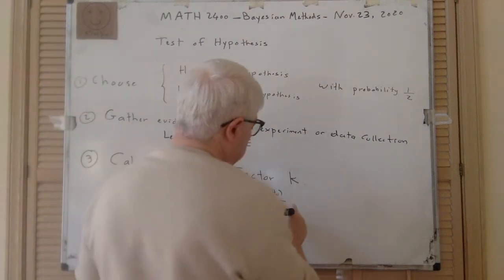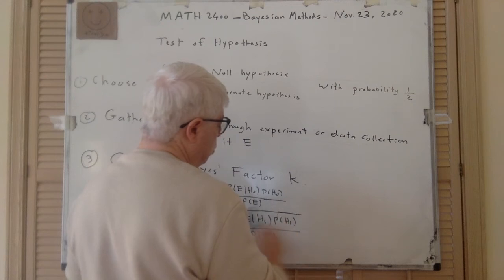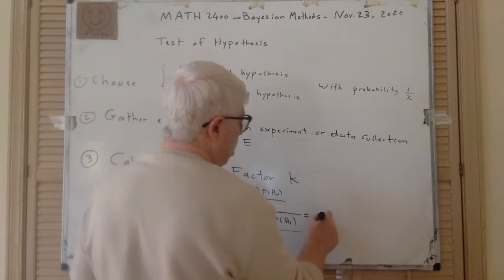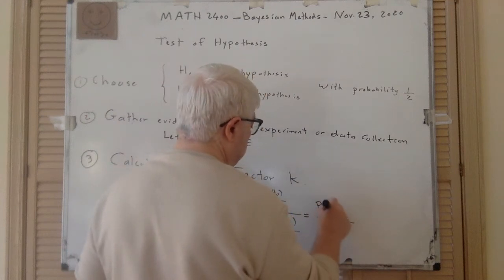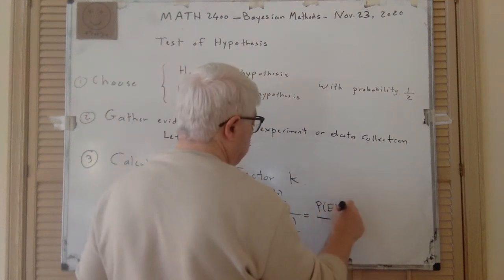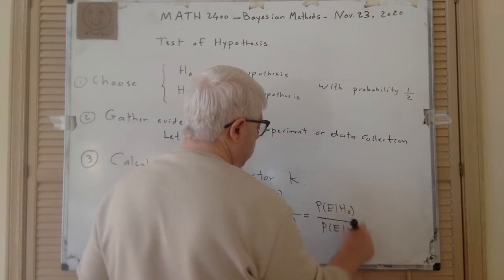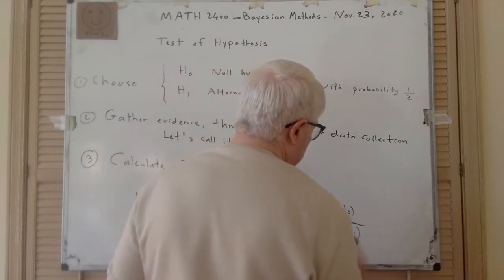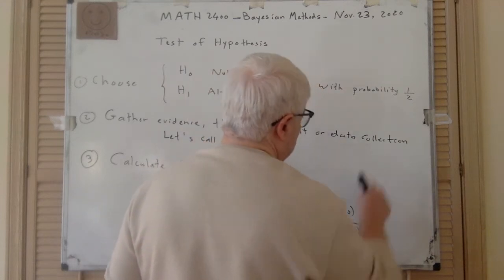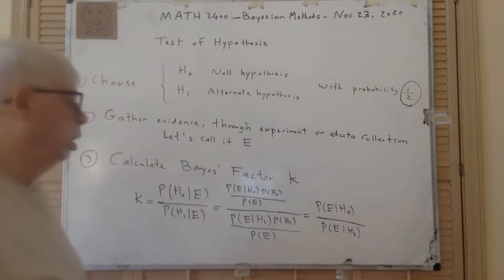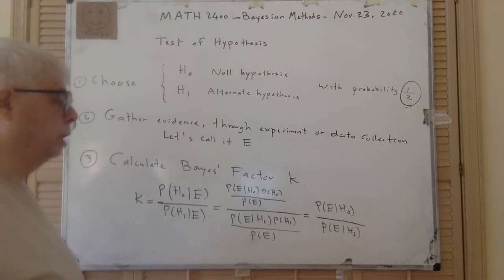The P of E terms cancel out. So this 1/2 and this 1/2 cancel out, and we have P of E given H0 divided by P of E given H1. So this depends on this. See? That is called the Bayes' factor, K.